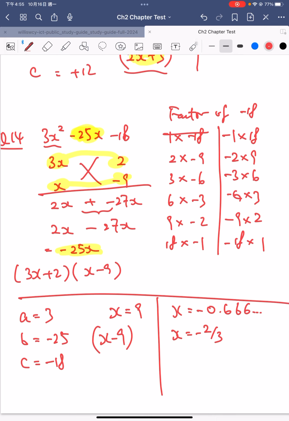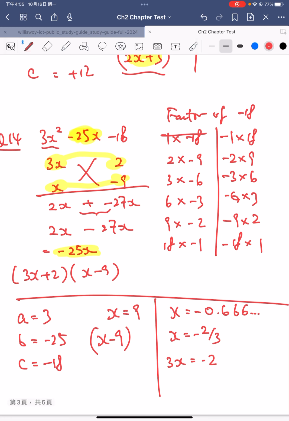Now we move everything to the left hand side to get 3x equal to negative 2, and then move the negative 2 to get 3x plus 2. So now we have x minus 9 and 3x plus 2 as our answer. You can see it's the same as the answer that we found by using the cross method.